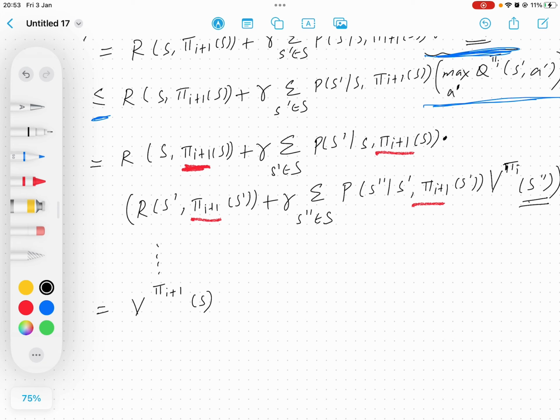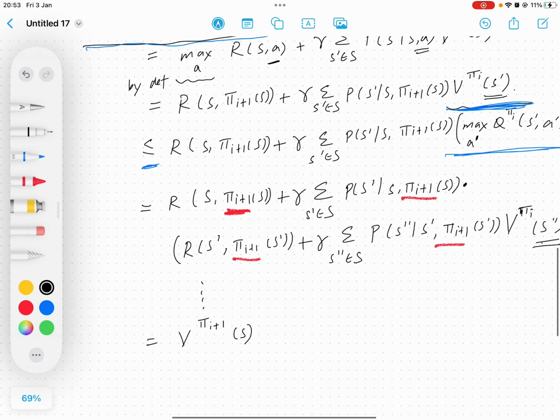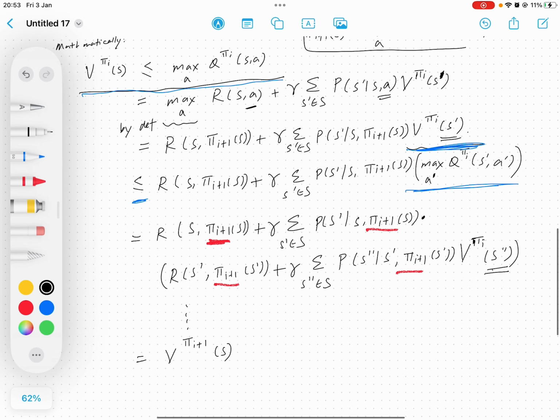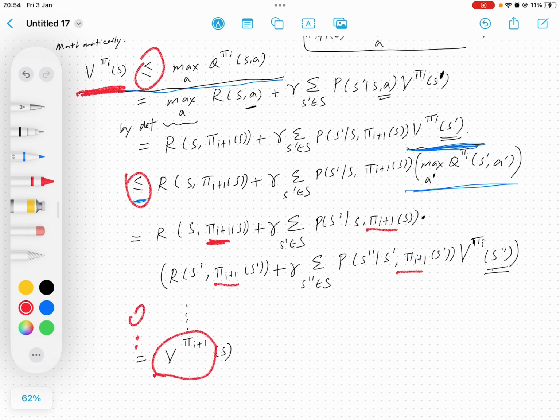But this one improvement is already enough for us to show that this V, given some state, any state actually, V pi_i(s), will always be less than or equal to V pi_{i+1}(s).